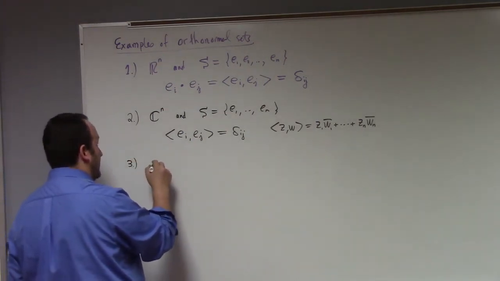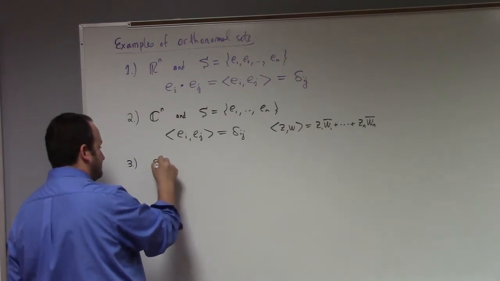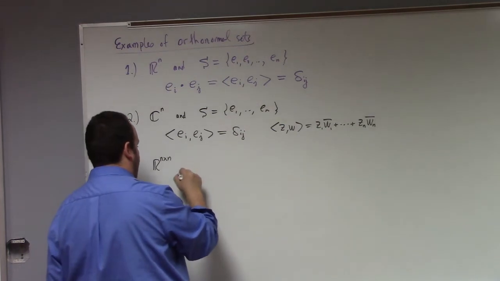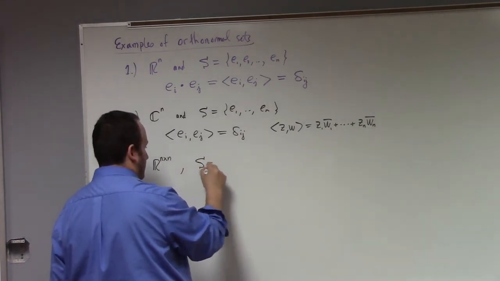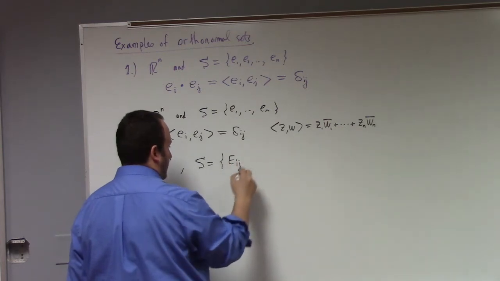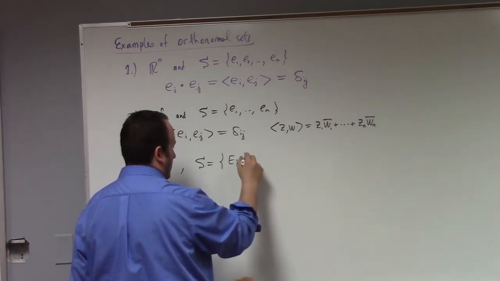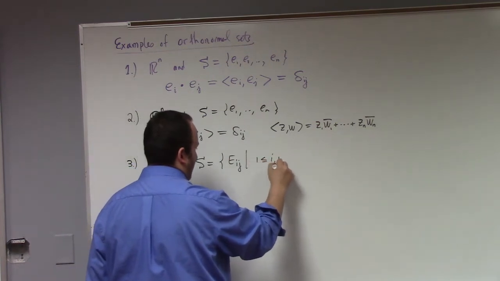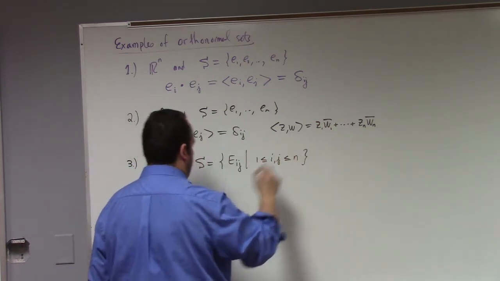Example 3, for R n by n matrices: look at the set Eij such that 1 is less than or equal to i, j less than or equal to n.